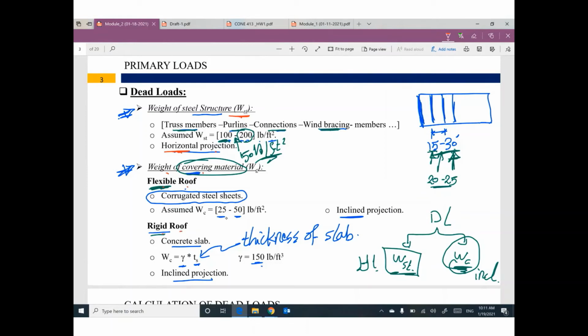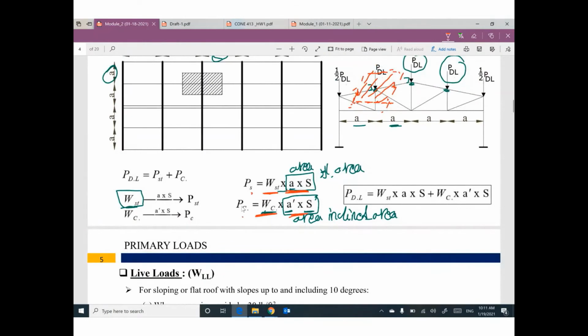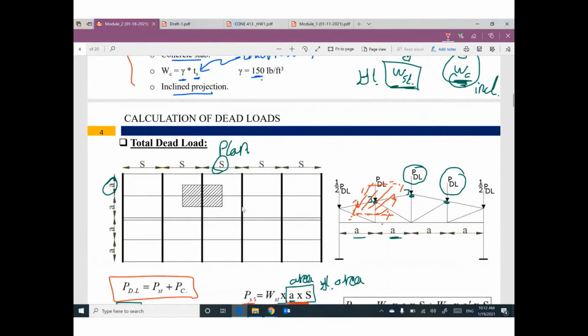Why? Because this load is inclined projection. Once you convert your dead load, which is surface load, to concentrated load, please add them together, PS plus PC. I can get the final dead load as a concentrated load at each joint.